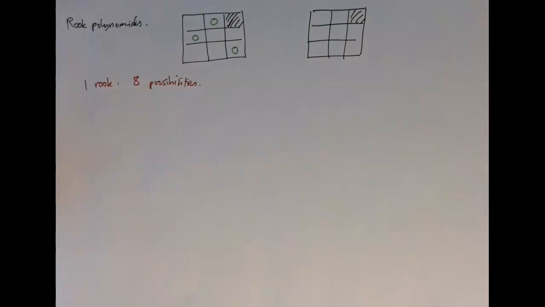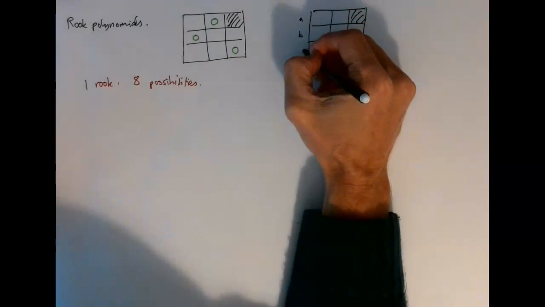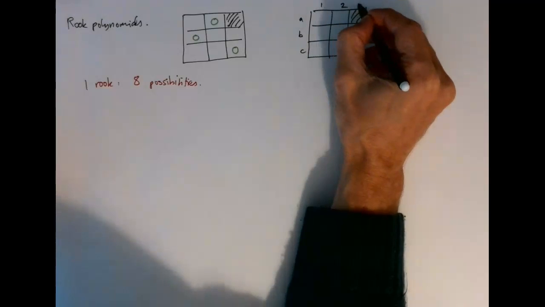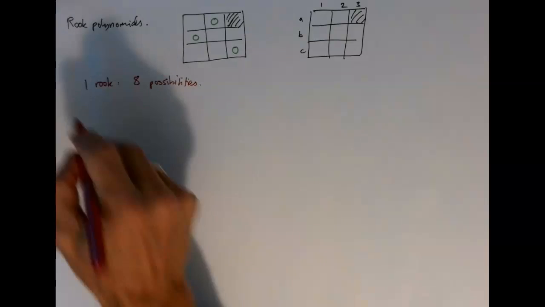Okay. Now let's try and place two rooks. We need to be a little bit more systematic if we want to start talking about that. Our usual way will be to label the rows A, B, C, etc., and the columns 1, 2, 3, etc. Actually, let's go back to the one rook thing.